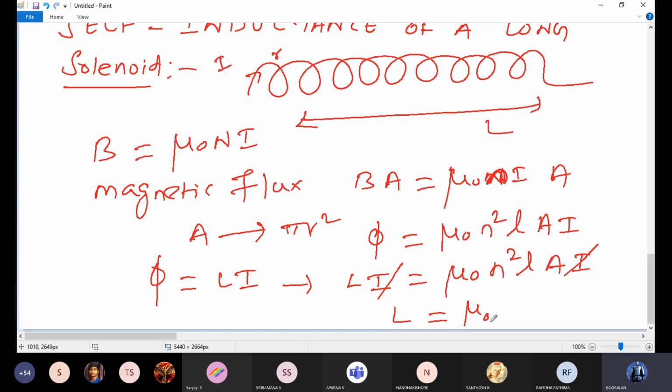So the self inductance of a long solenoid is L equal to mu naught n square L A. Please note the formula.